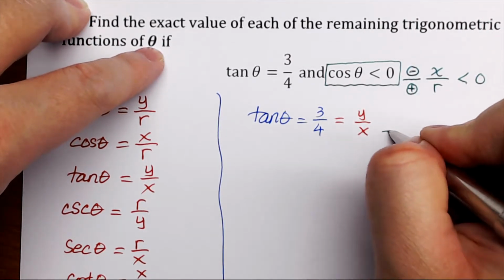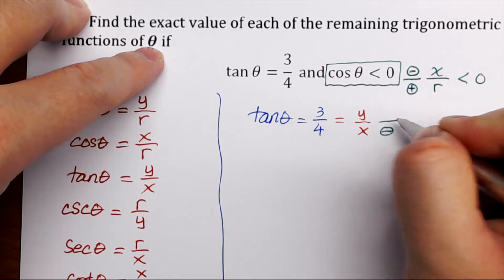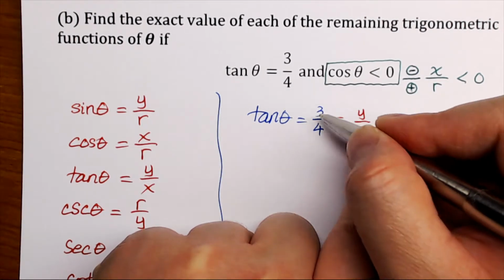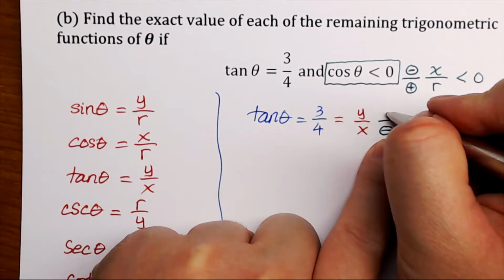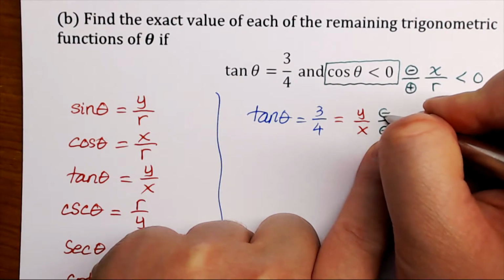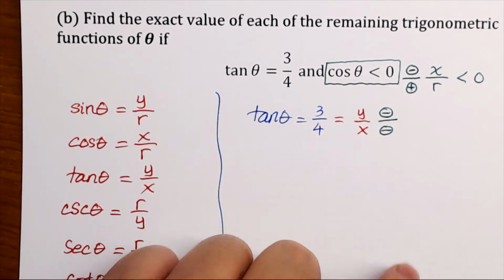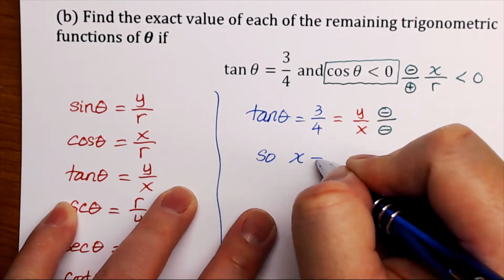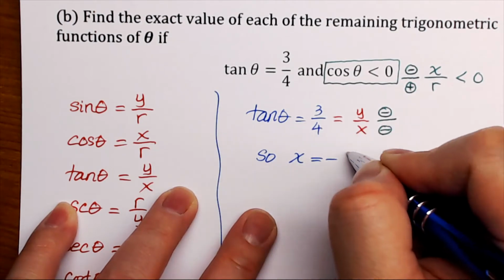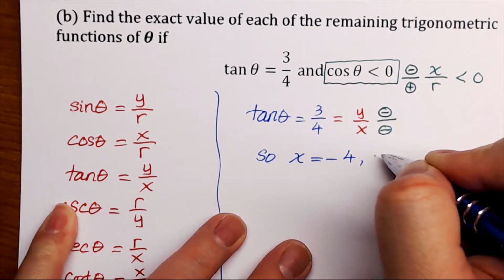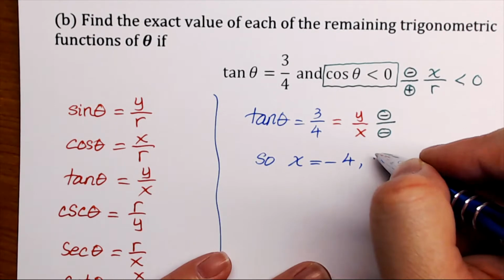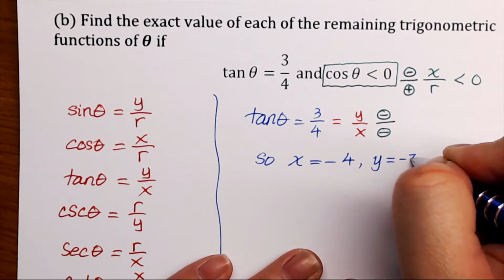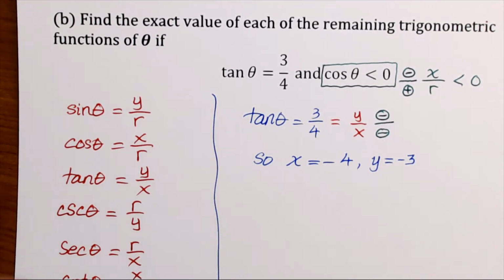Now, if x is negative, y also has to be negative because the ratio is positive. So both x and y must have the same sign. So from that, we say x is negative 4 and y is negative 3. Right?